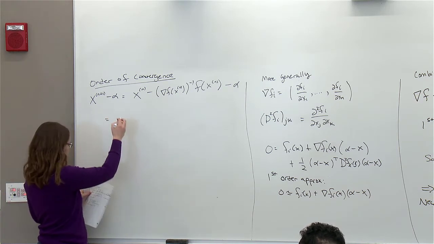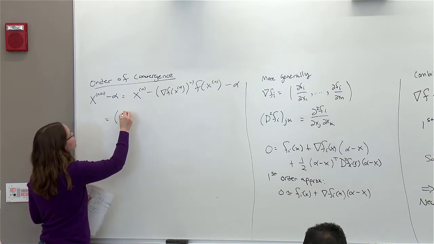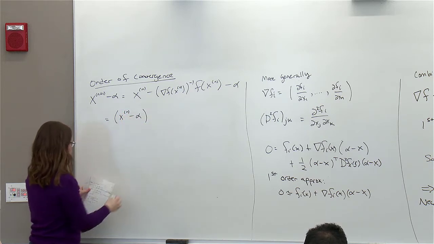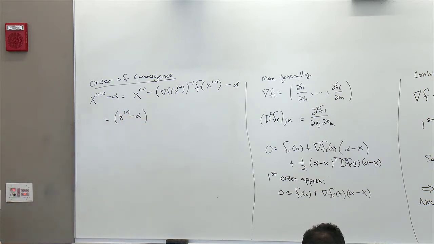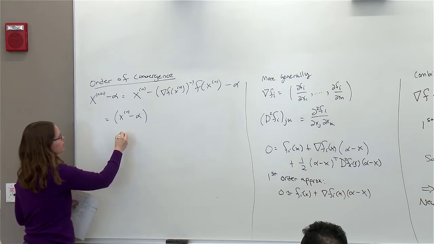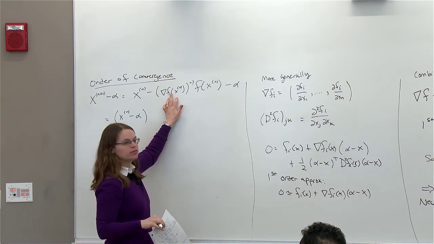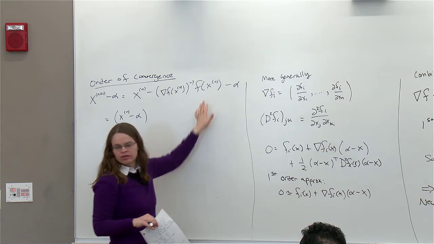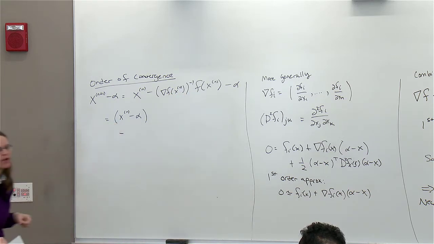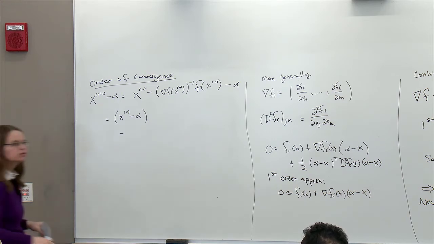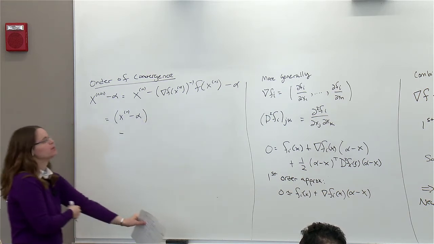Okay, so I'm going to Taylor expand. I'm going to hang on to this stuff out in front, and now I'm going to Taylor expand both of these pieces. I want to get everything in terms of alphas. Again, this is not different than how we analyzed Newton's method before for the scalar case. It's just that now we've got matrices and vectors to worry about.